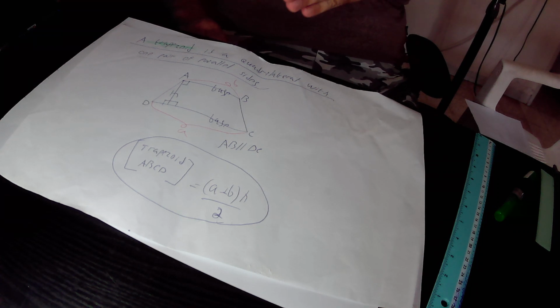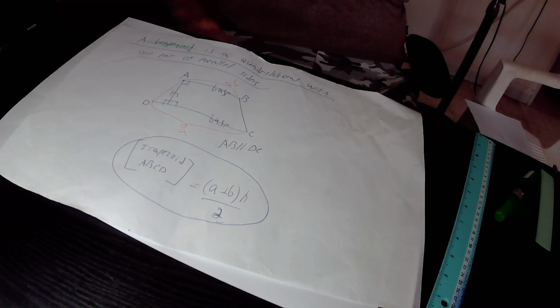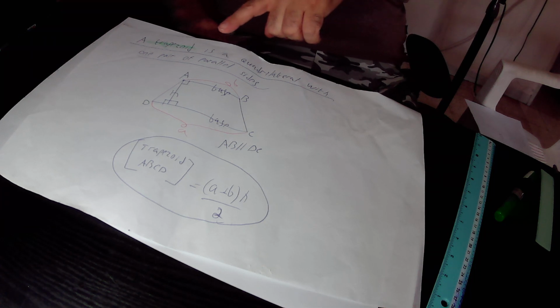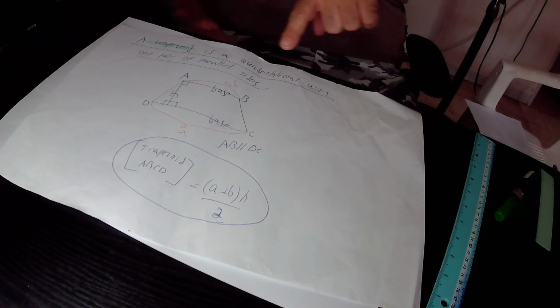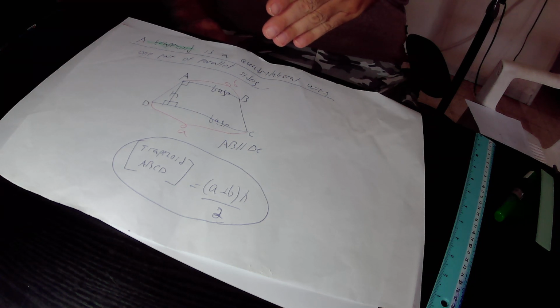So those two parallel sides, AB and CD, are defined as the bases of this trapezoid.